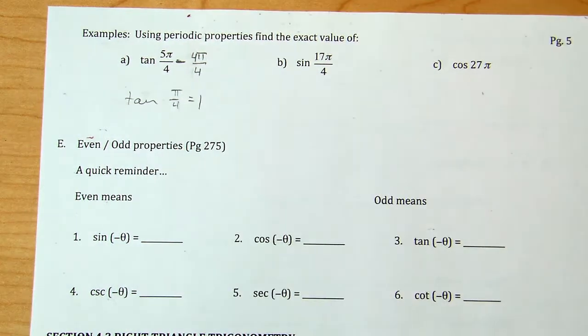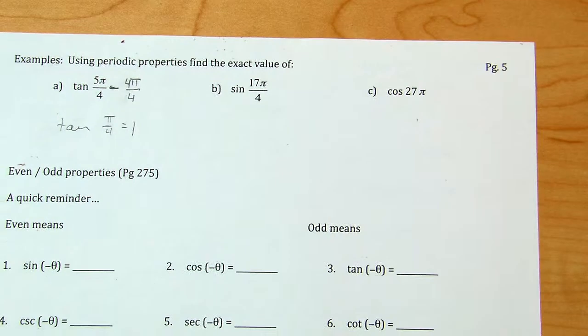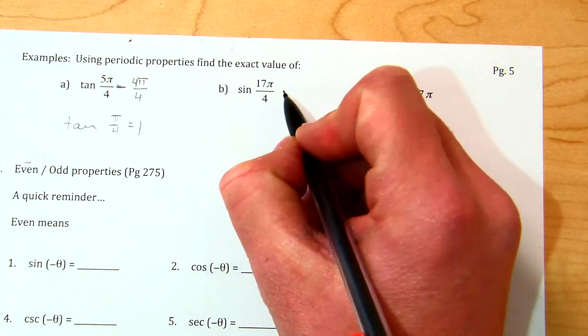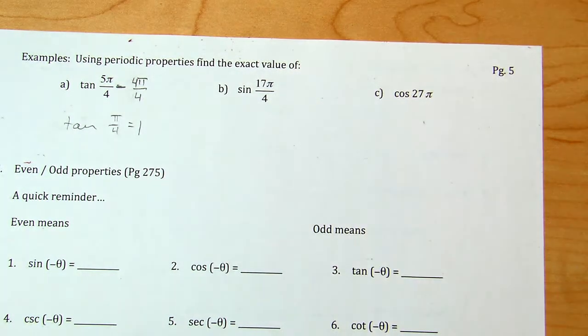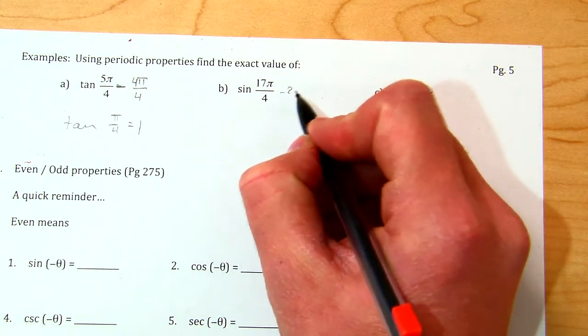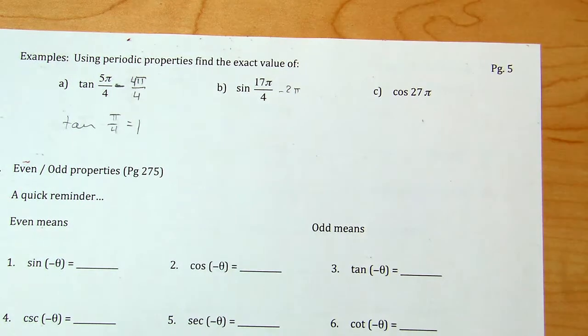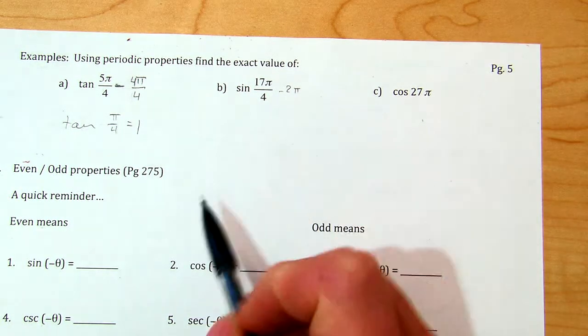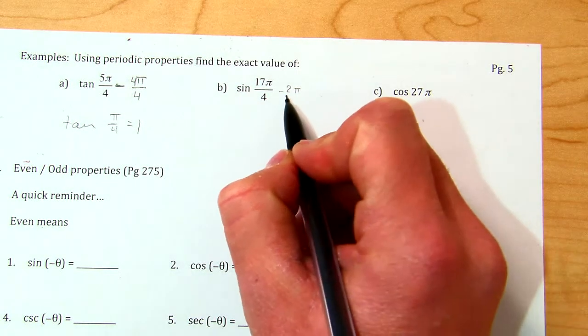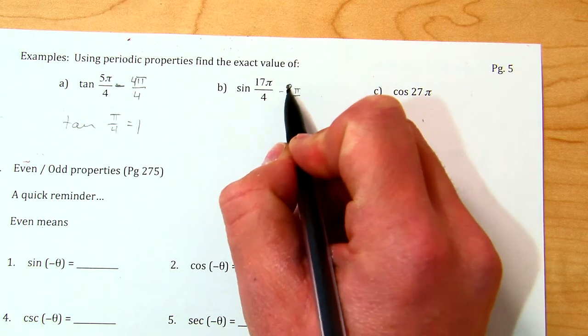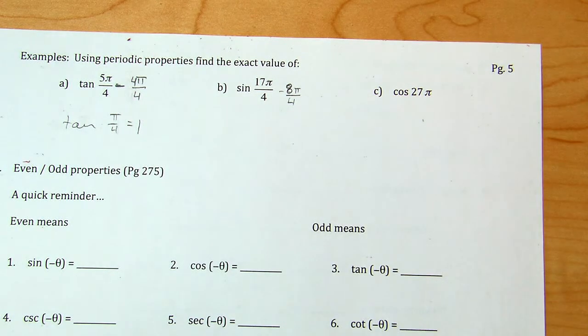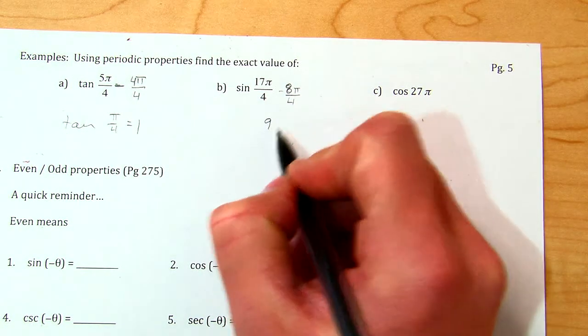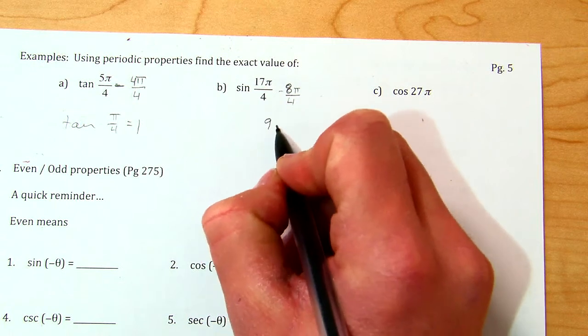All right, similarly for the sine function, we know that the period of this is going to be 2 pi. So if I'm going 17 pi fourths, that's around the circle a couple of times, I think. What I can do is back up 2 pi, and I should get the very same solution. Well, if I'm backing up 2 pi, I need a common denominator once again. So times 4, I'll make that 2 into an 8. Subtracting these makes 9 pi fourths.